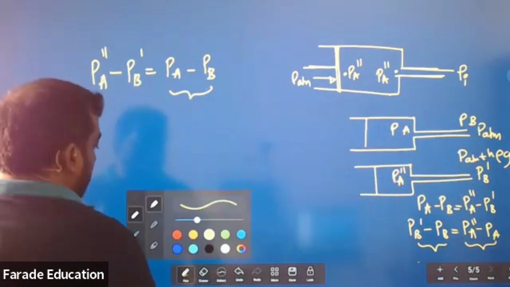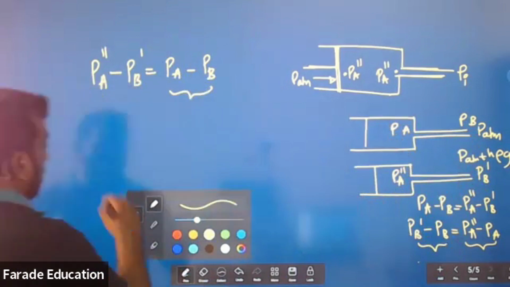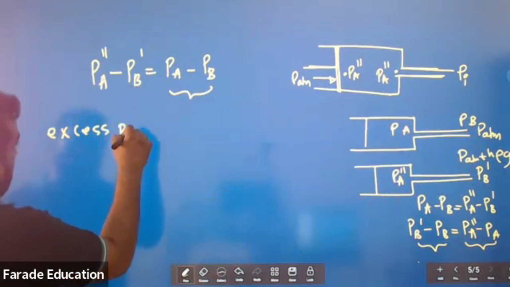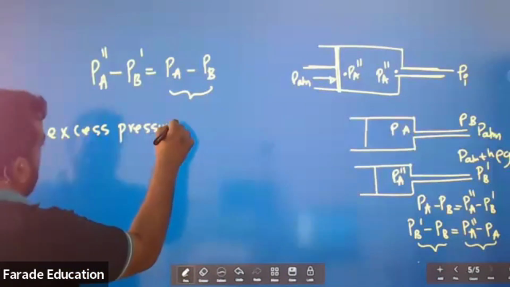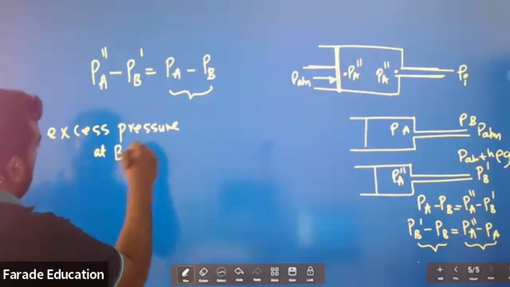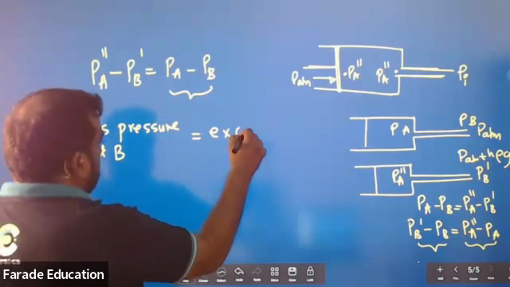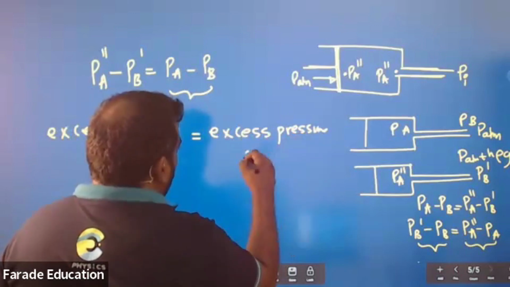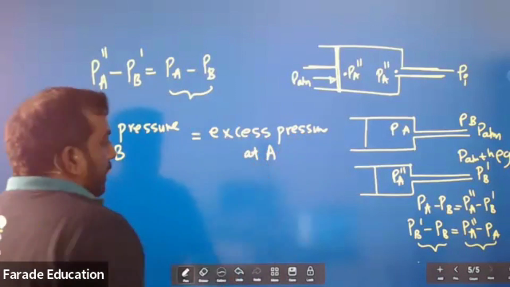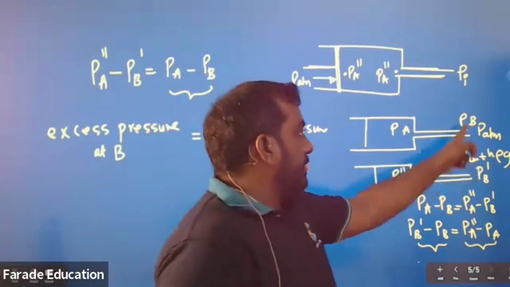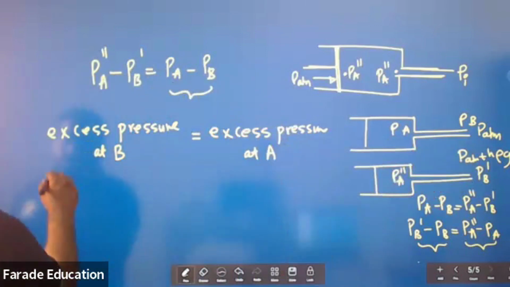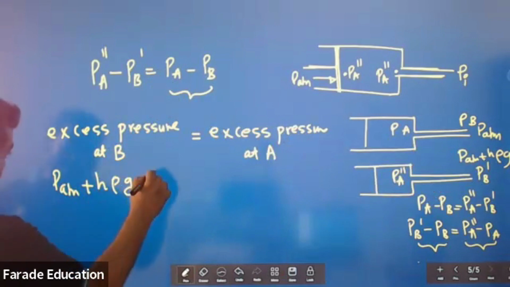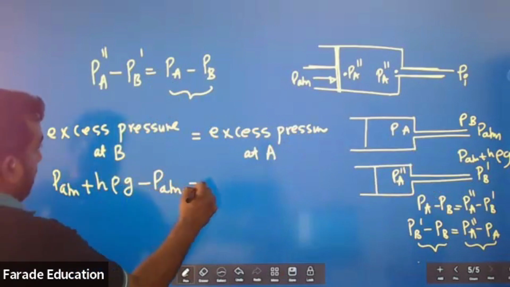So if I apply very carefully, excess pressure at B equals excess pressure at A. What is the excess pressure at B? The difference here, PATM plus H rho G minus PATM.